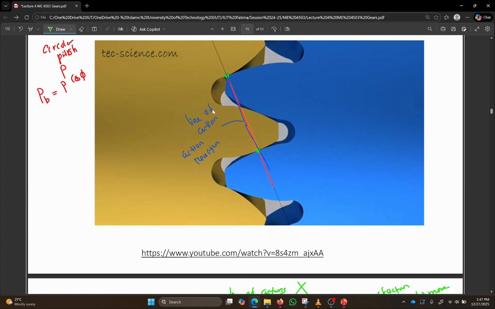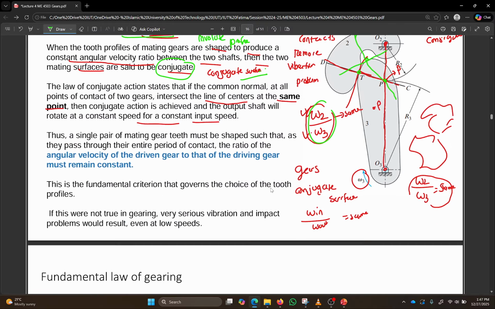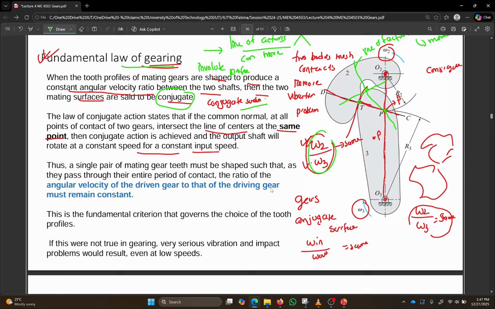In other gears, the line of action can be over here, at another point over here, here, here. It could have moved. So that's what it means to have a conjugate surface. All involute profiles are conjugate surfaces, but not all conjugate surfaces are involute profiles.